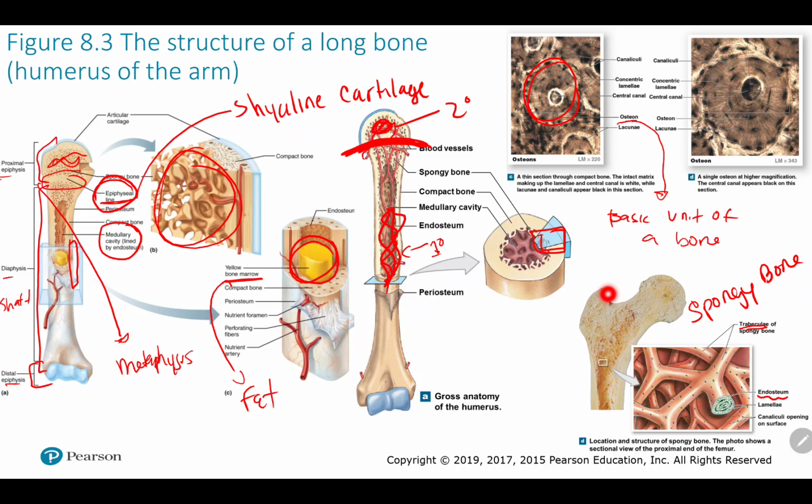That's going to be called the endosteum. So the endosteum is the inner membrane, right? So it's going to be a connective tissue membrane that covers the trabeculae of the spongy bone. And of course, the outer portion of the bone is going to be covered by the periosteum. Okay.